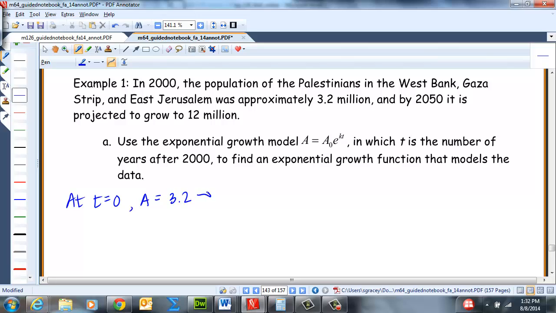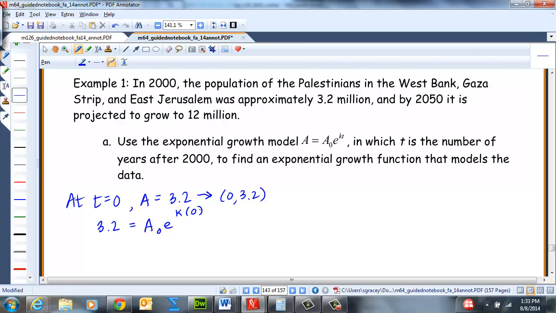So you get the ordered pair 0, 3.2. And then if you look at our model, for A we would plug in 3.2 equals A0 e to the kt, but the t is 0.